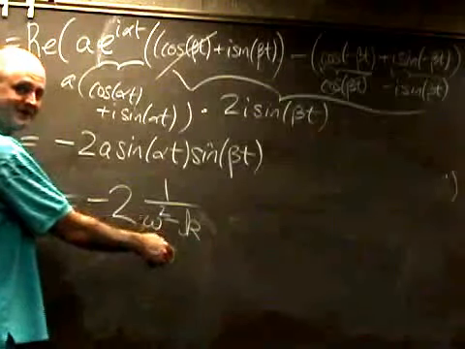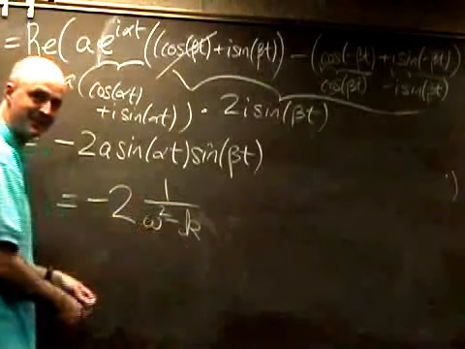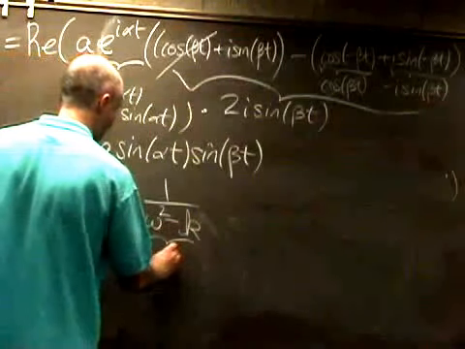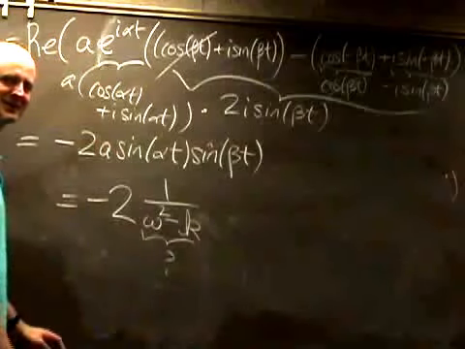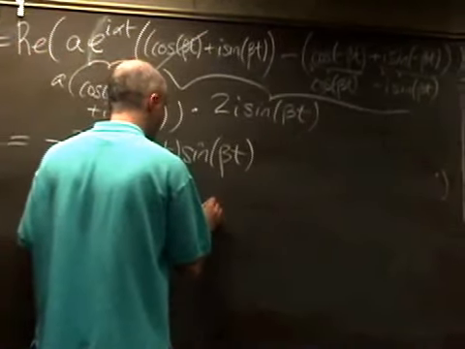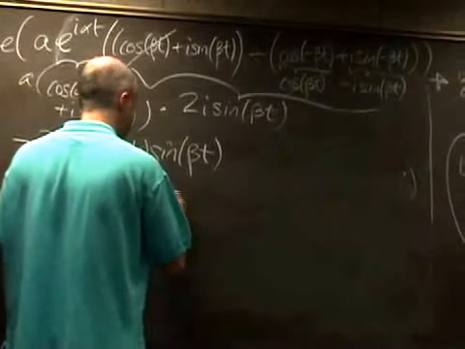It's either this, or else it's got k minus ω² on the bottom. I don't remember, so there's some uncertainty there. But that won't be the point. We won't have to worry about that, because the point is going to focus on these sine terms.